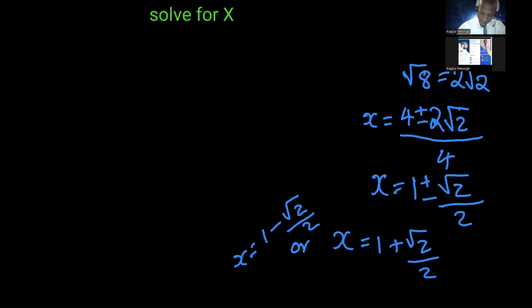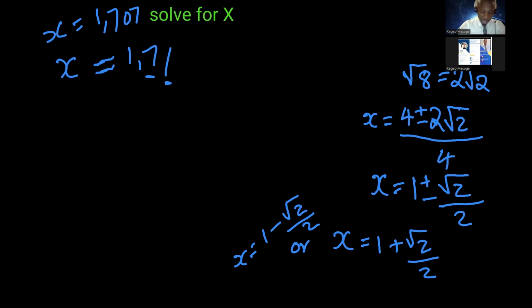You can just use a calculator, and the value that you're going to get here is x approximately equal to 1.71. The value that you get is 1.707, but you have to round it off because they ask for two decimal places. So this is the first value of x.